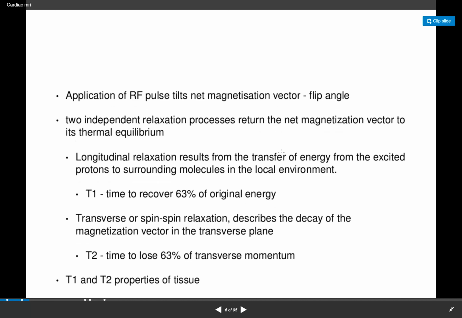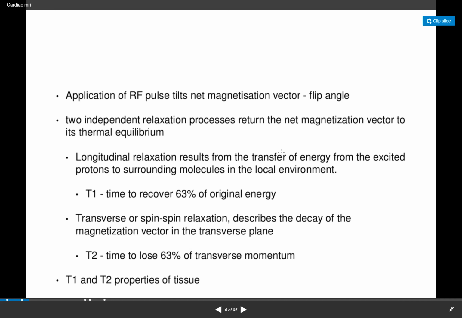What I was trying to say is there are 1,000 and 6, I'm just making it up, protons directed this way, which have a spin like this, and there are 1,000 directed the other way. What happens is that these protons are bombarded with RF, a radio frequency signal.